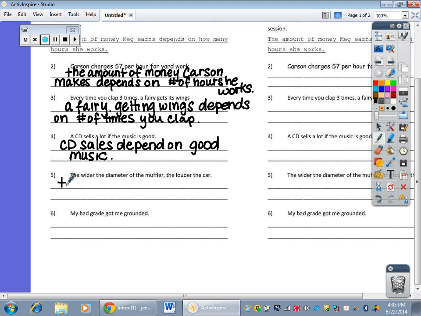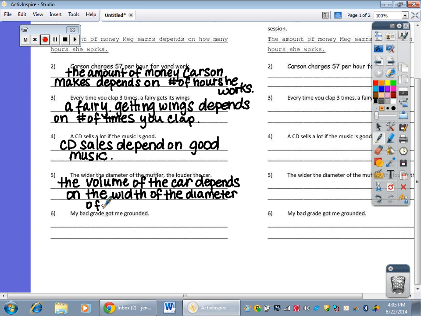So the volume of the car depends on the width of the diameter of the muffler. Okay, so volume of the car would be the dependent variable, and the width of the muffler would be independent.